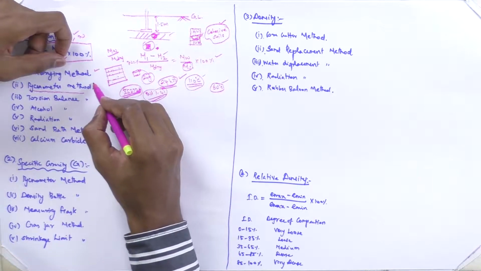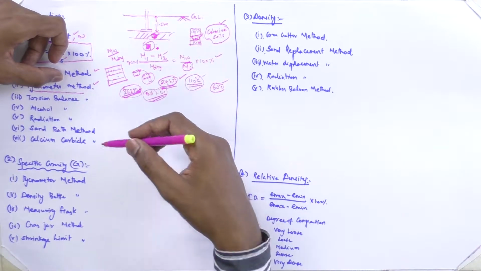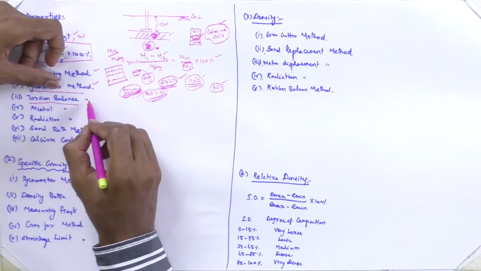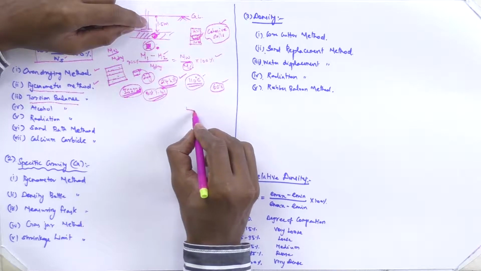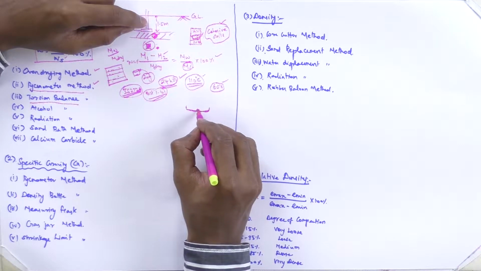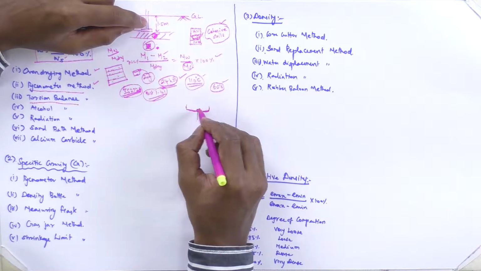Pycnometer method. I will be discussing the pycnometer method in the next topic. It is very easy. Torsion balance method. What is the torsion balance method? We have a disc like this, with a deformed shape at the center, positioned with the help of a pivot, just like a needle.